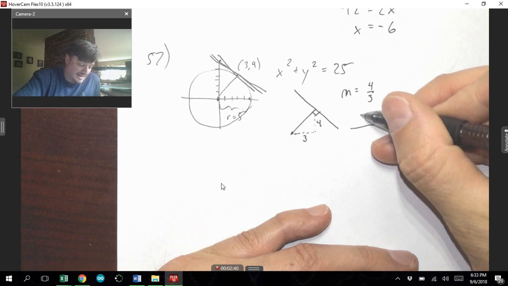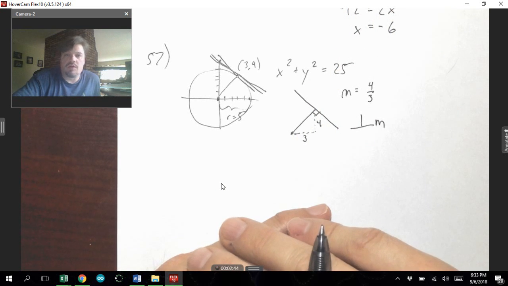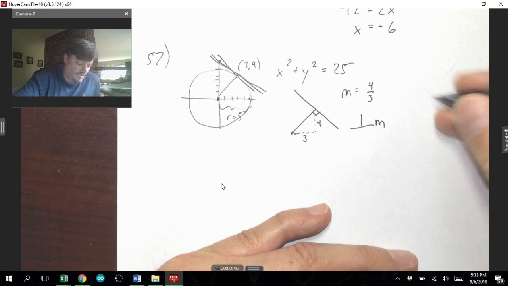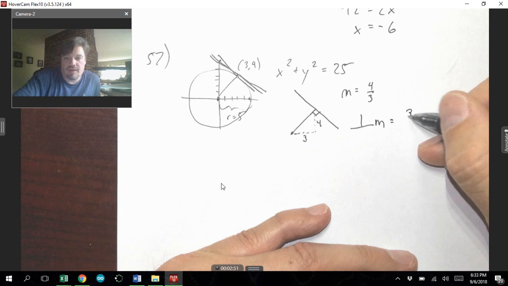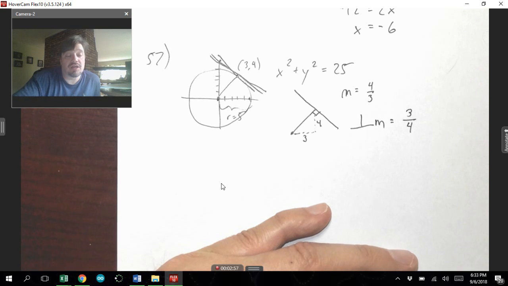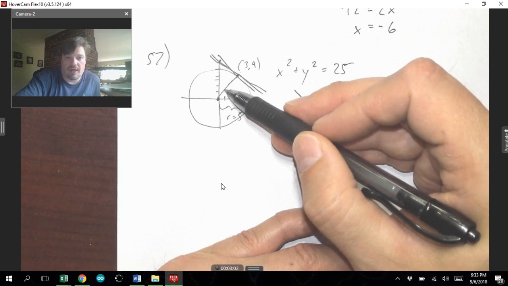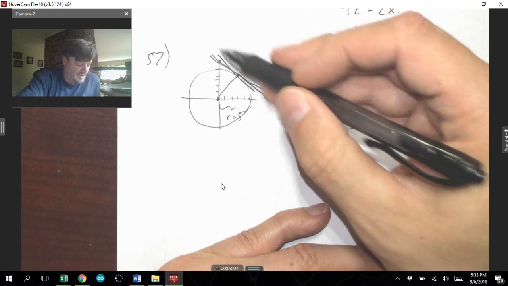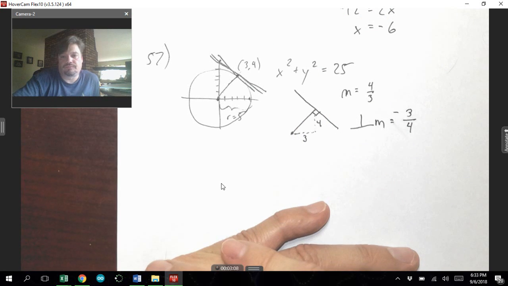So I need the normal slope to it. That means I would flip the slope, take its reciprocal, 3 over 4, and then change its sign, because this one is positive. A normal or perpendicular line has to be negative. So that's the new slope.